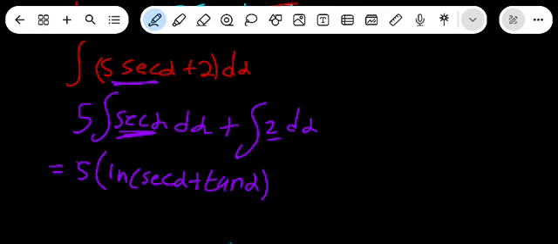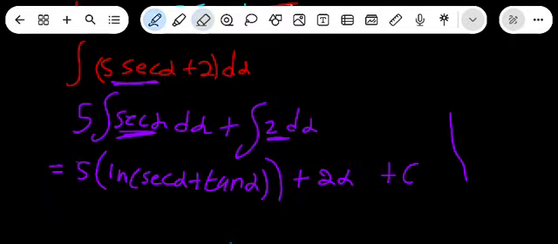It's there on your formula sheet. Plus now the integral of 2 d alpha is simply 2 alpha plus constant c. Do not forget to add the constant c.